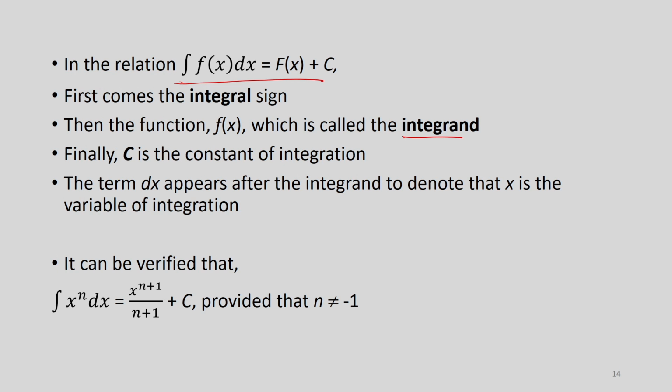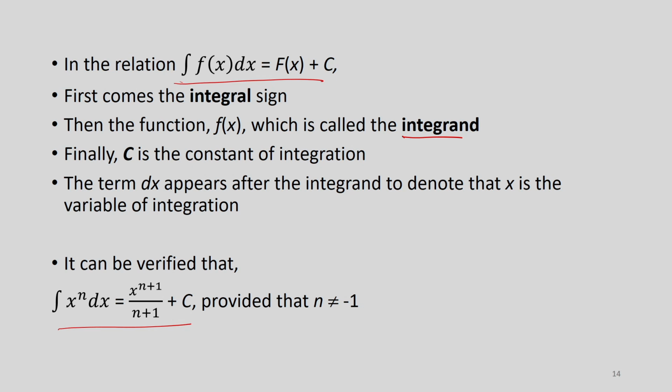Okay, now we are talking about certain rules of integration. We said that if you integrate x to the power n with respect to dx, then what we get is x to the power n plus 1 divided by n plus 1 plus c. C is the constant of integration.